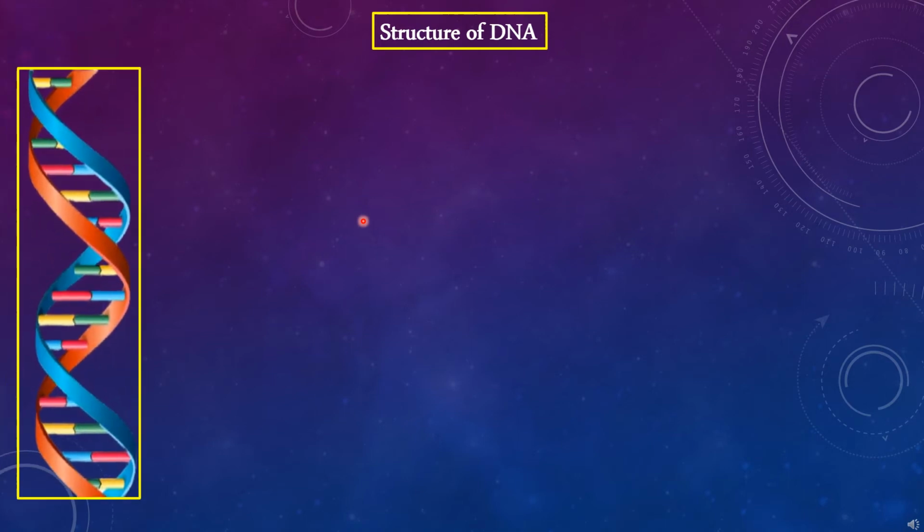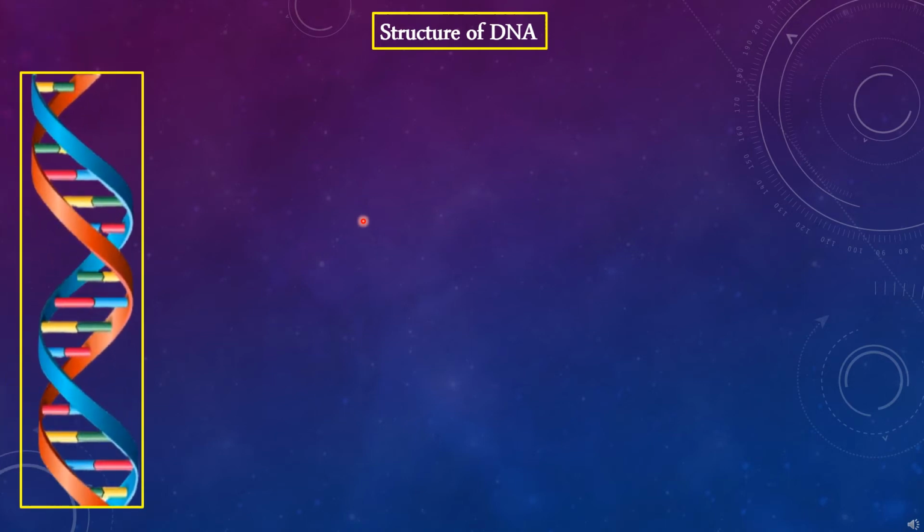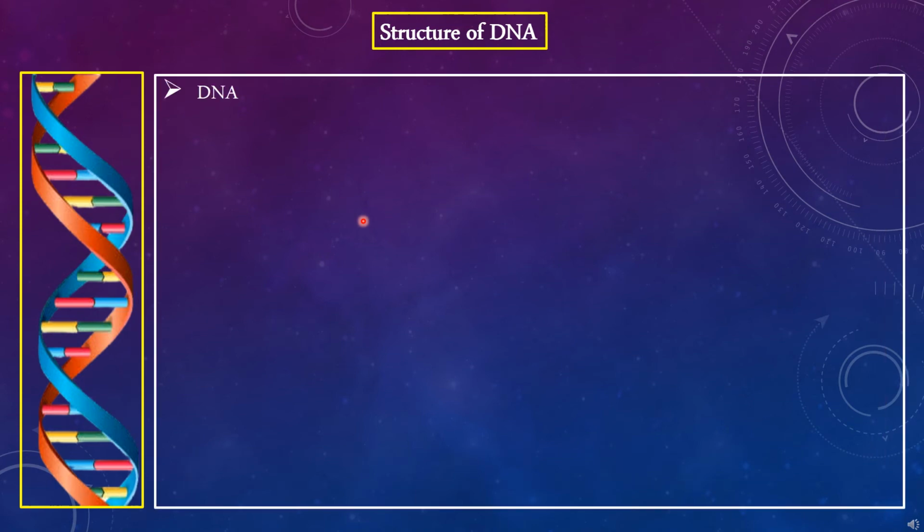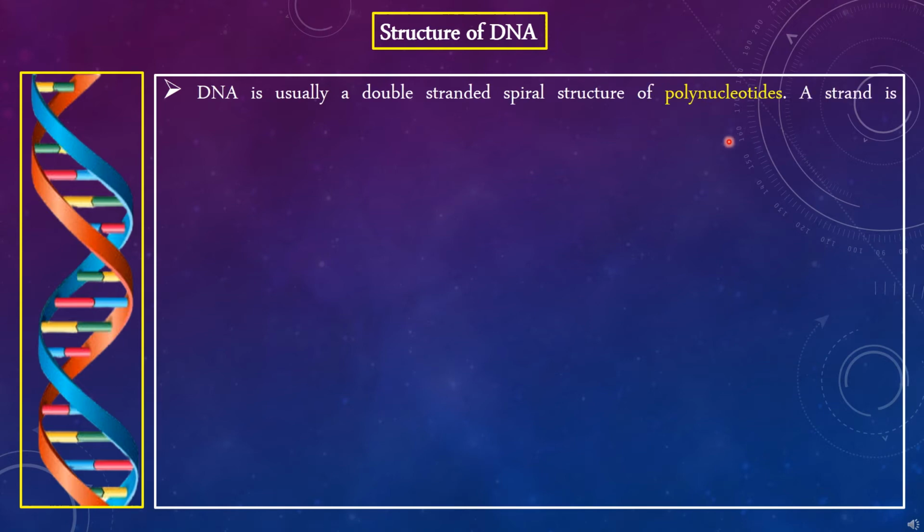Dear learners, you have already known that a chromosome consists of DNA. Now we will learn the structure of DNA. It's a DNA, but not a DNA molecule. It's a part of a DNA molecule. DNA is usually a double-stranded spiral structure of polynucleotides.